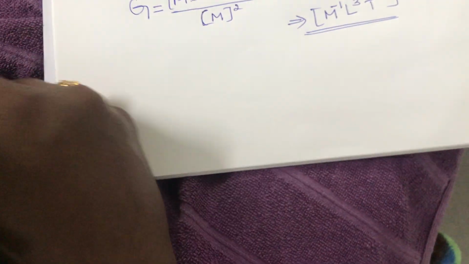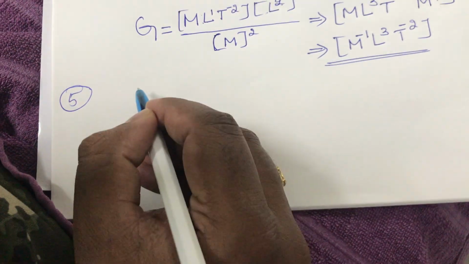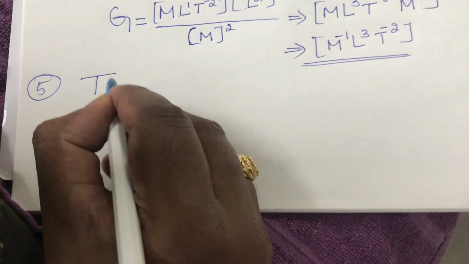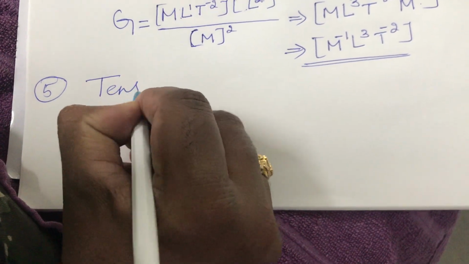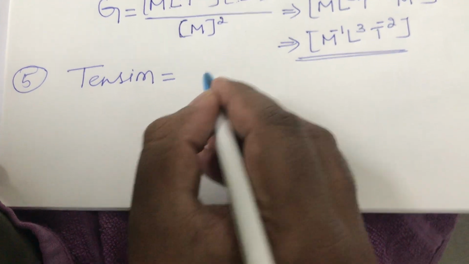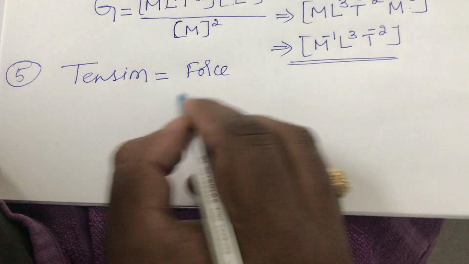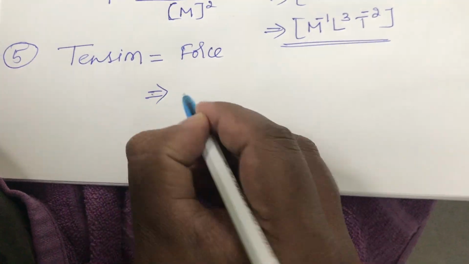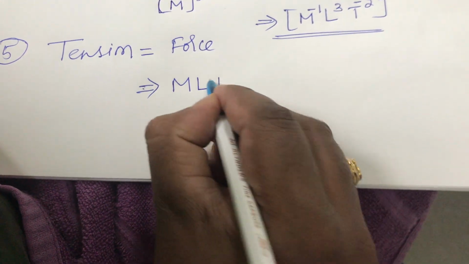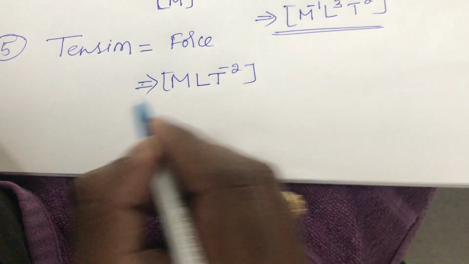Next one is I can write it as tension, okay. Tension can be written as force, okay. So force we already discussed, the force m l t to the power minus 2, okay.